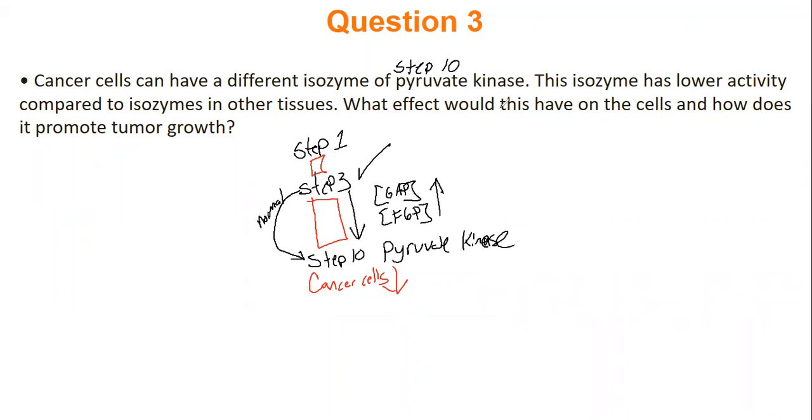And some of these intermediates, like glyceraldehyde phosphate and fructose 6-phosphate, and to another extent, glucose 6-phosphate, go to the pentose phosphate pathway.